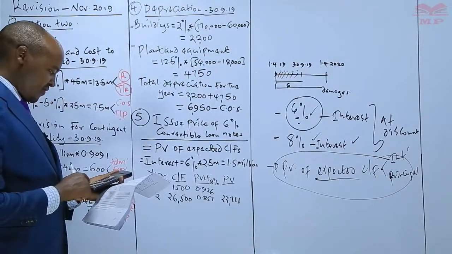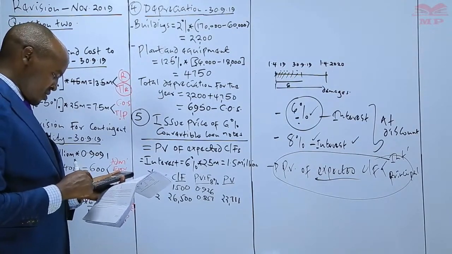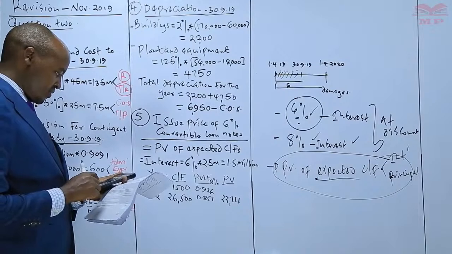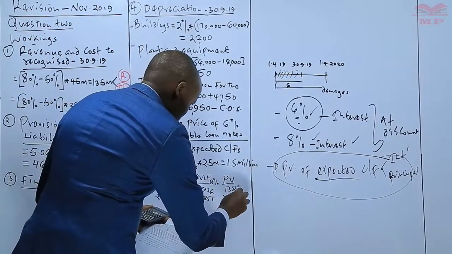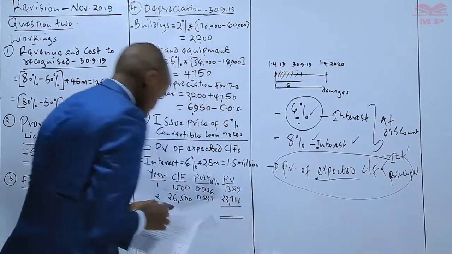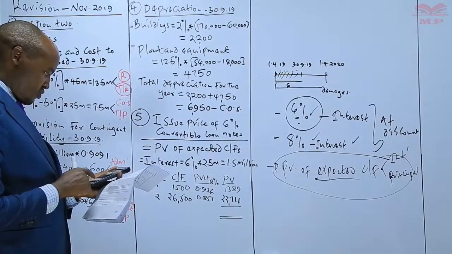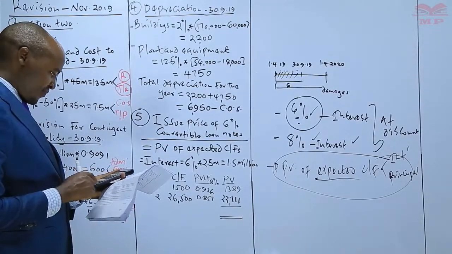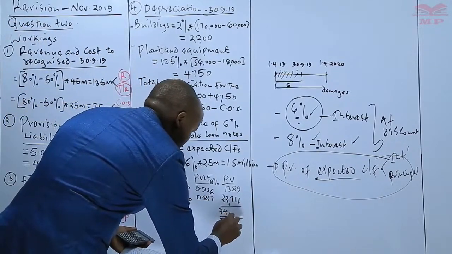And then we have 1,500 times 0.926, which will give us 1,389. So we add the two values there. We get 22,711, and that will give us an amount of 24,100.